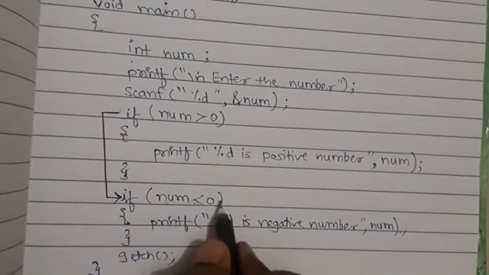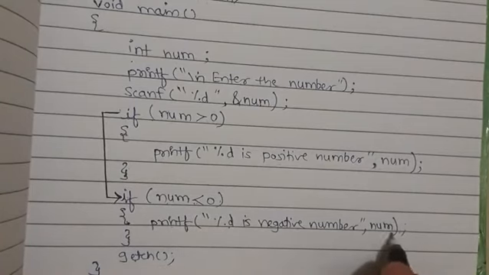After the last, there is the getch function, and our program is terminated by using the closing bracket. So in this way we can write a program to check whether the entered number is positive or negative.